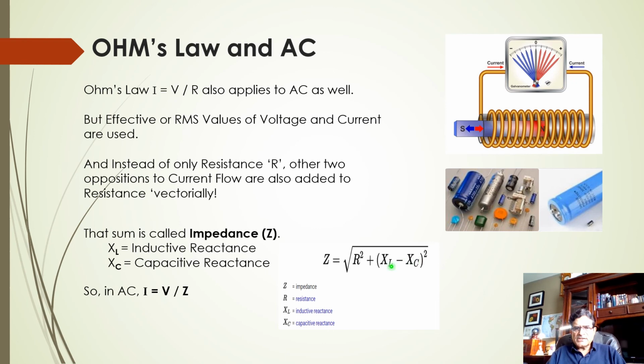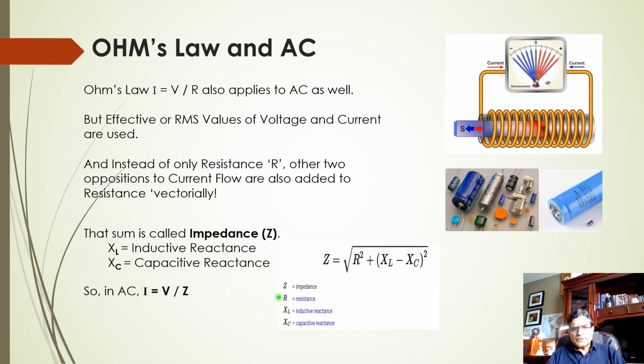Now this minus sign shows that the reactance produced by the inductance, the coil, is in the opposite direction to the reactance produced by the capacitors. So they are in the opposite direction. They don't add, they subtract. And so in AC circuits, I is equal to V upon Z. It's not equal to V upon R. That's the key difference.